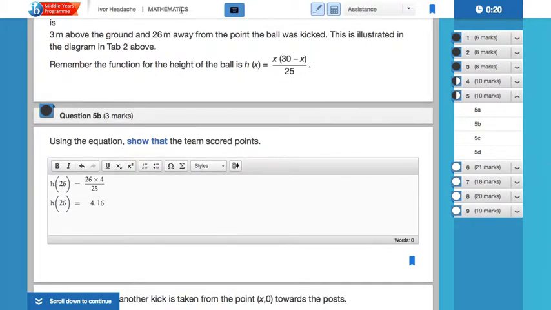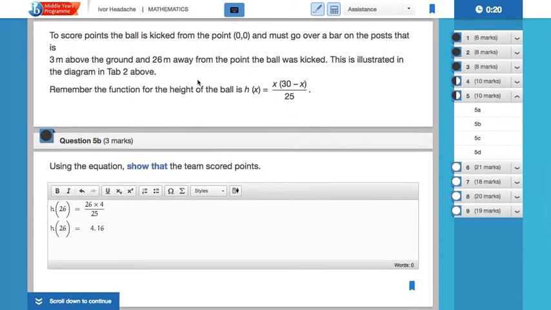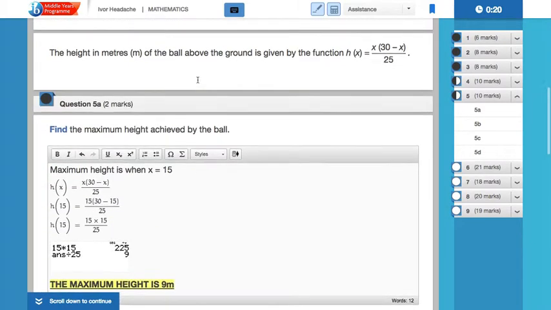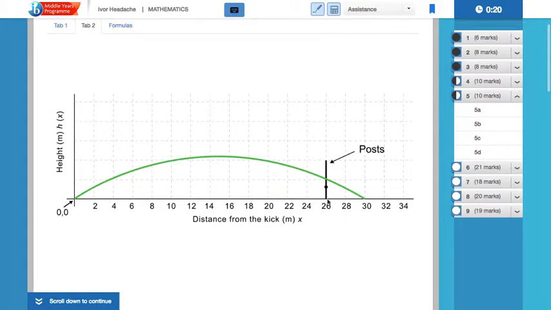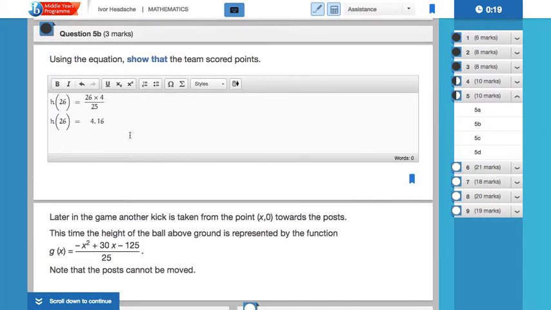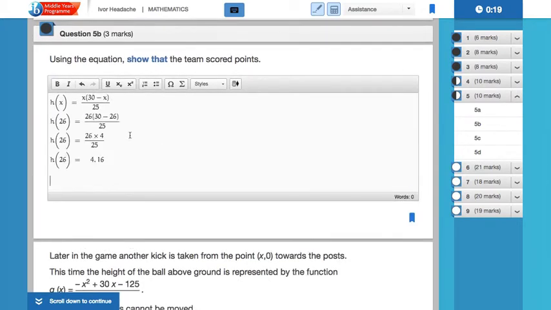So when the distance from the original point is 26, the height of the ball, according to the equation, is 4.16. And because it only needs to be 3 meters high to clear the post, then it's a goal. So I just need to make that comment.